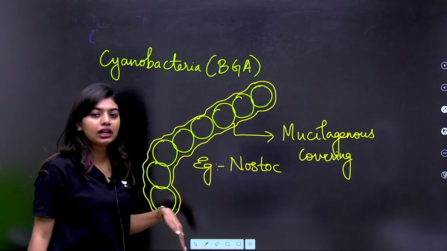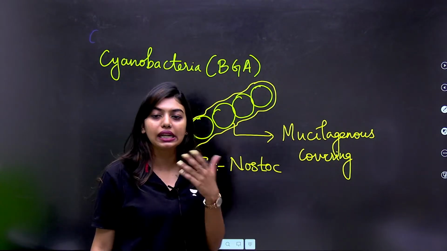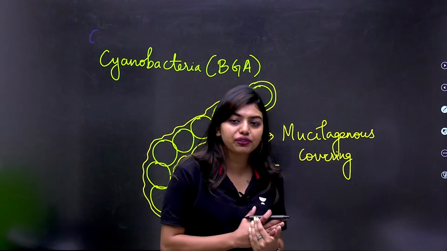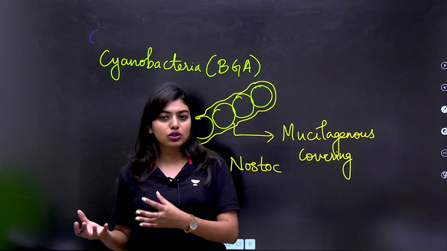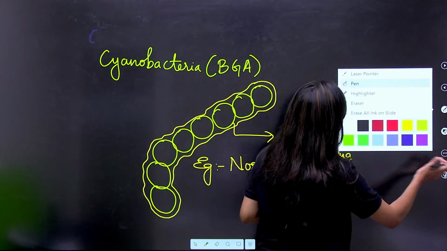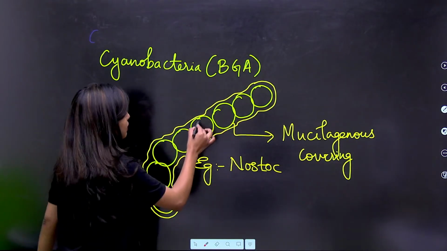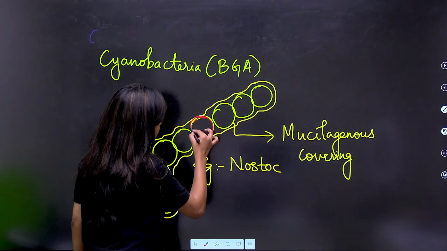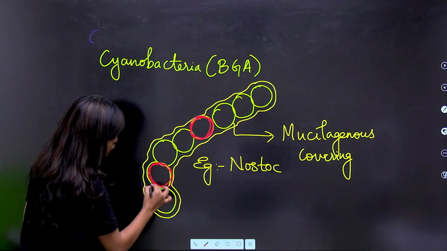Got it? Now, blue-green algae. According to what we know, kingdom Monera can be autotrophic, chemosynthetic and so on, right? Now you are going to see how they do this. In this Nostoc, there will be some specialized cells, the ones that I am drawing in red.